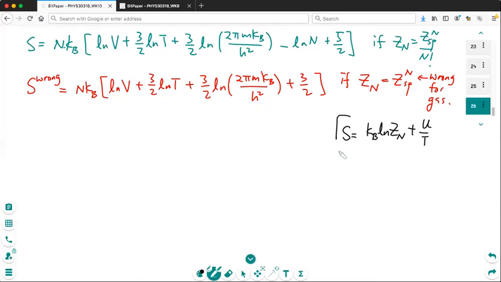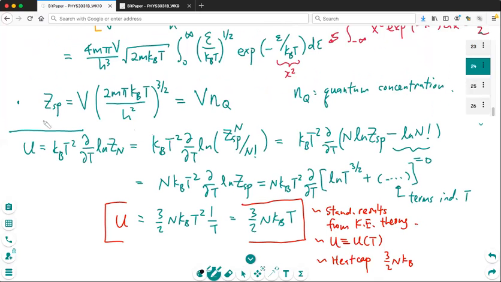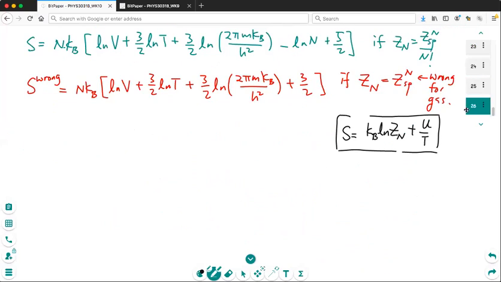Now you plug in different forms of Z. One is the partition function, this one here, which you raise to the power of n, plug it into the expression for S. The other you raise to the power of n and divide by n factorial, and plug it into the expression for S. You get these two expressions. So please try.